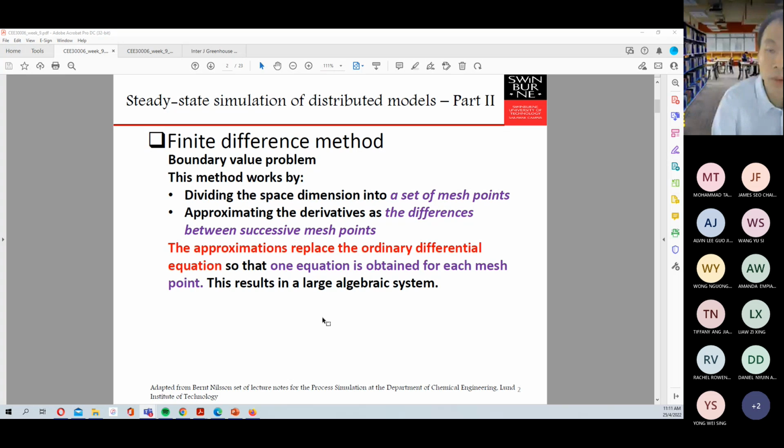The approximation basically replaces the differential equation, such that you obtain one equation for each mesh point. So basically you convert the differential equations to become an algebraic system.